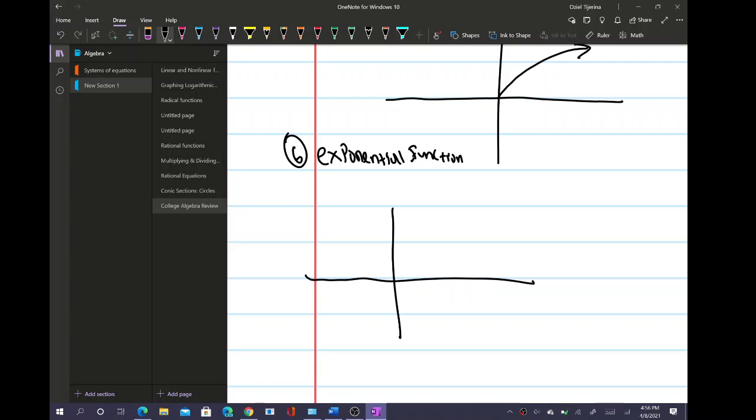So an exponential function, if we have 0, 1, we go like this, basically. That's a terrible representation. Let me make sure how it looks. Give me 1 second, guys.